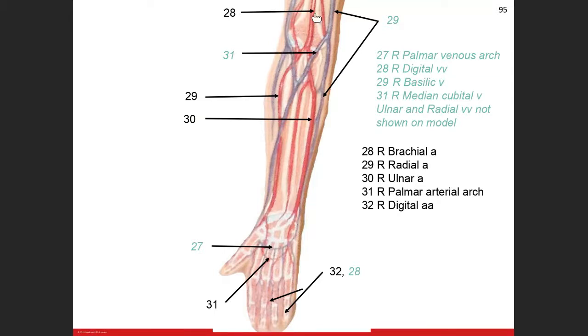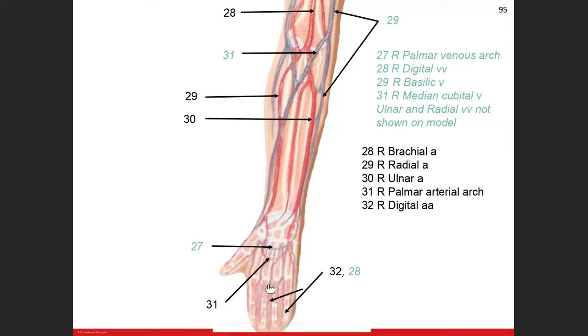All right, and then we have our brachial artery splitting off into the right radial artery and into the right ulnar artery here. But when we get down here to the palm, you can see we have another arch here.